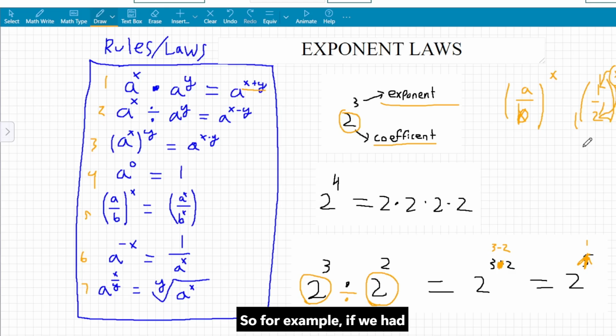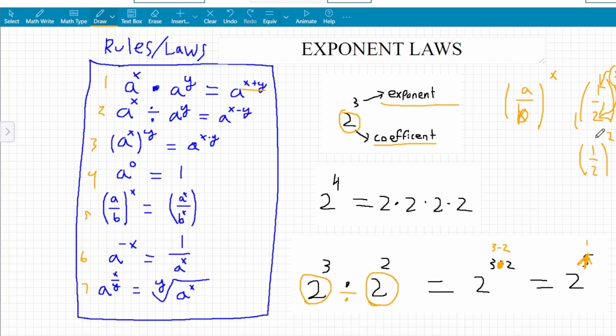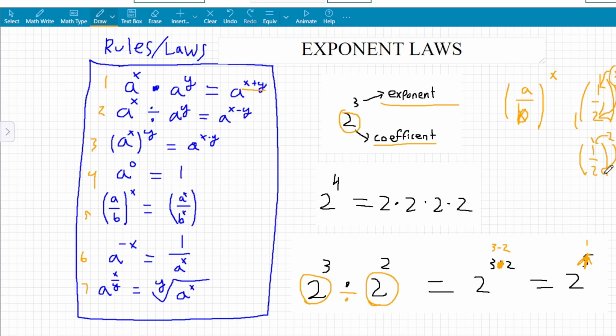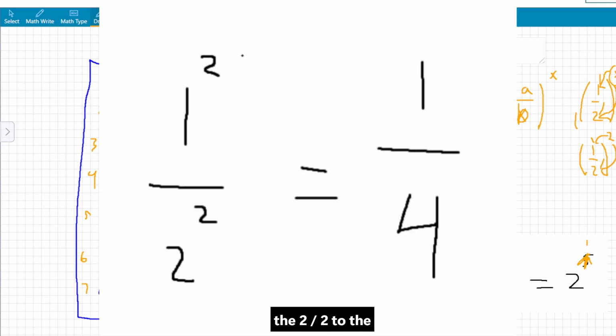So, for example, if we had 1 over 2 to the power of 2, we would put this 2 into both, giving us 1 to the 2 over 2 to the 2, which equals 1 over 4.